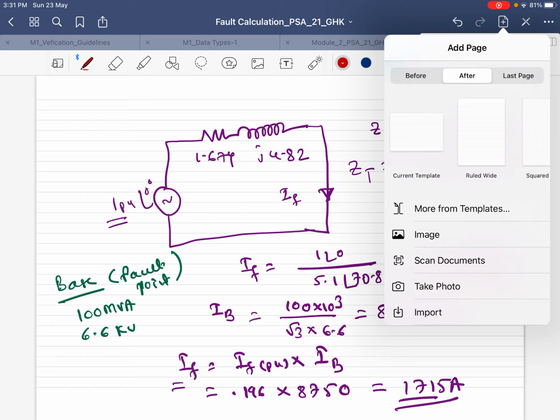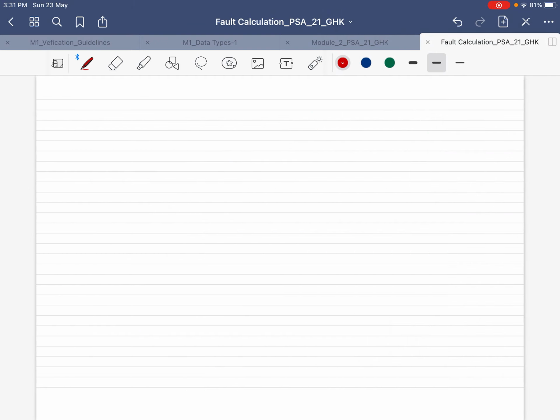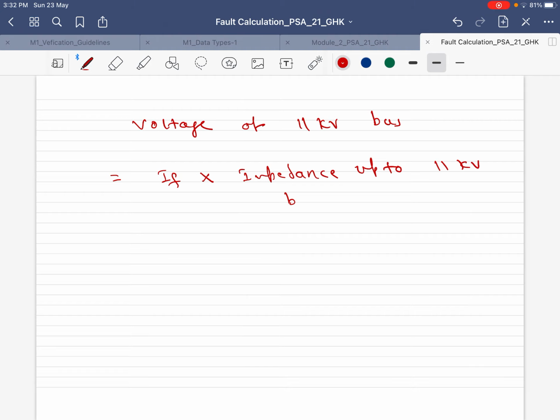Therefore, I am doing it once again: the voltage of the L1 kV bus is equal to the fault current multiplied by the impedance up to the L1 kV bus from the fault point.